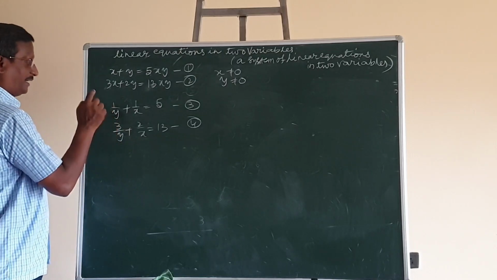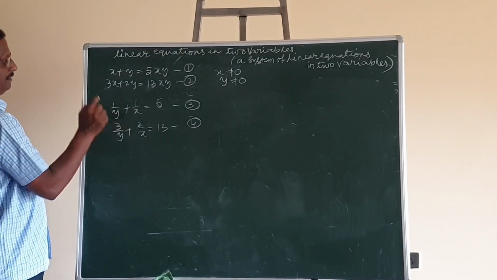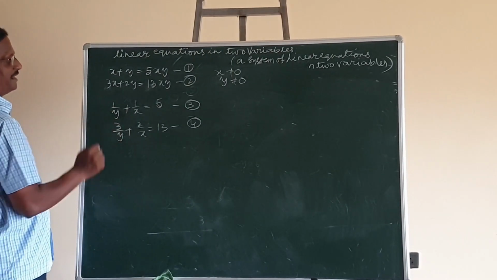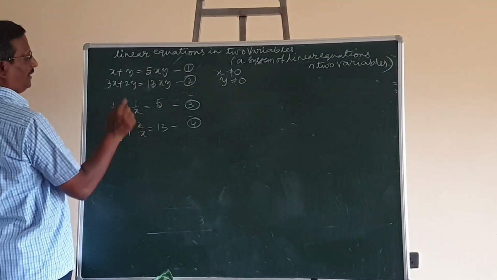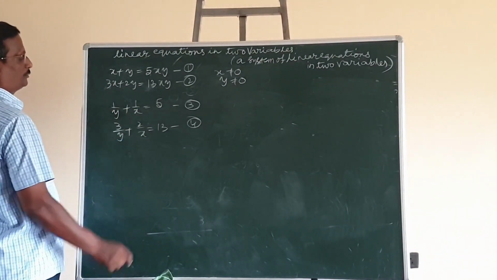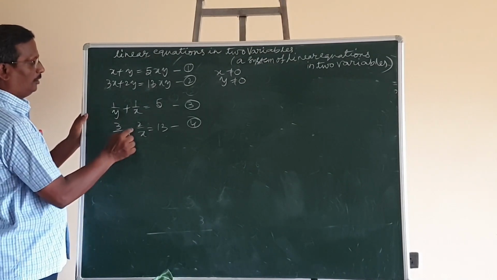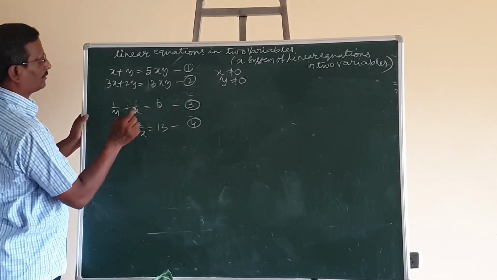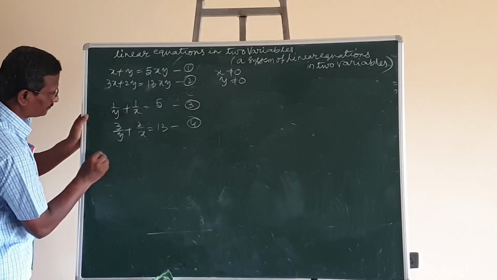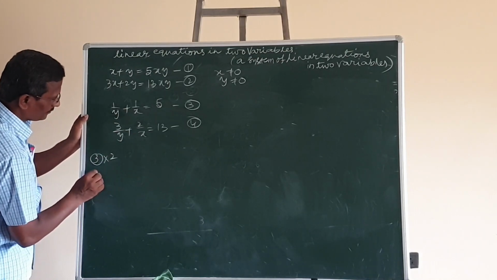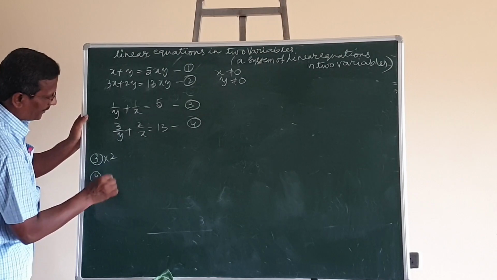Here the coefficient of 1 by y is 1 and 3, the coefficient of 1 by x is 1 and 2. Here you can consider this as 3 into 1 by y, 2 into 1 by x. Here equation 3 I multiply by 2, equation 4 I multiply by 1.